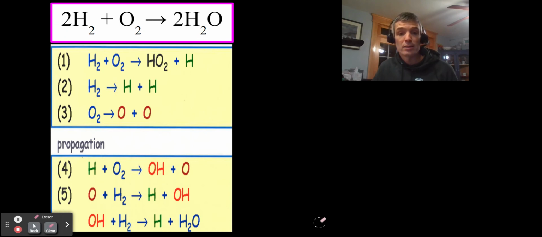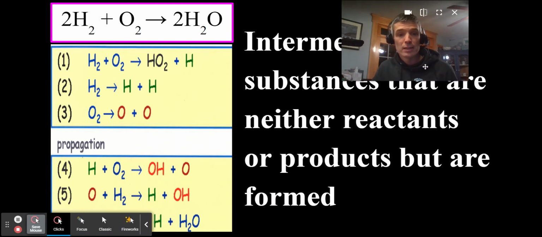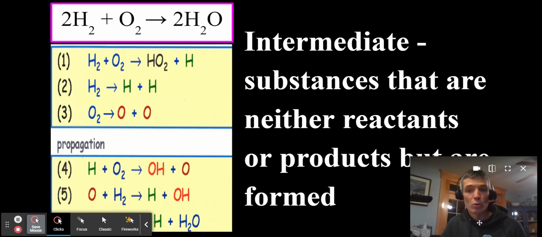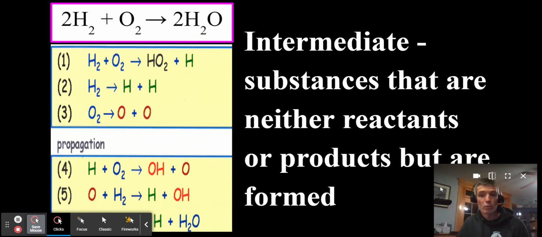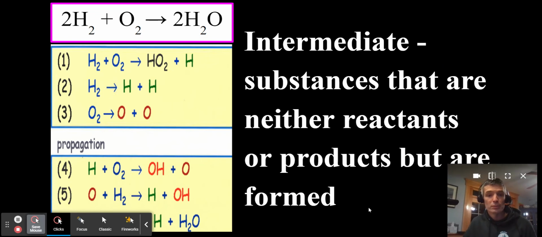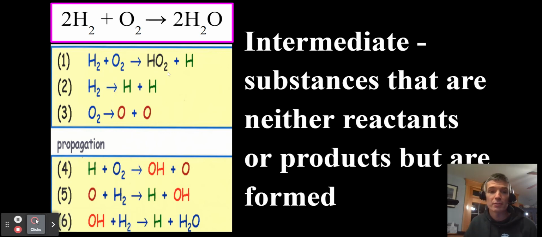They're known as intermediates. An intermediate is essentially a go-between for your reaction to occur. You can see this OHO2 is a definite intermediate. So these hydrogen radicals and oxygen radicals are what are known as intermediates.